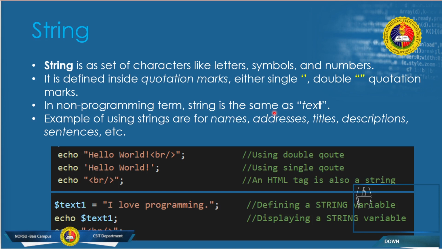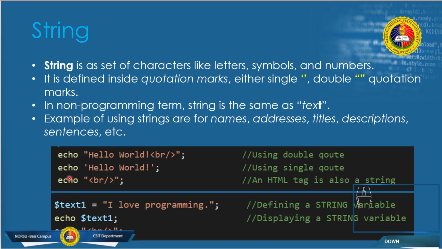A string can be letters, symbols, or numbers. An example of using strings is for names. If we're going to create a program that deals with names, addresses, titles, descriptions, sentences, or any data that has multiple characters or symbols, that is when we are going to use a string. So let's have a few examples.